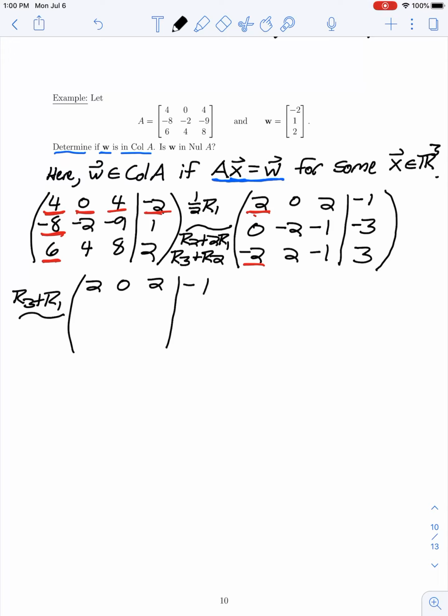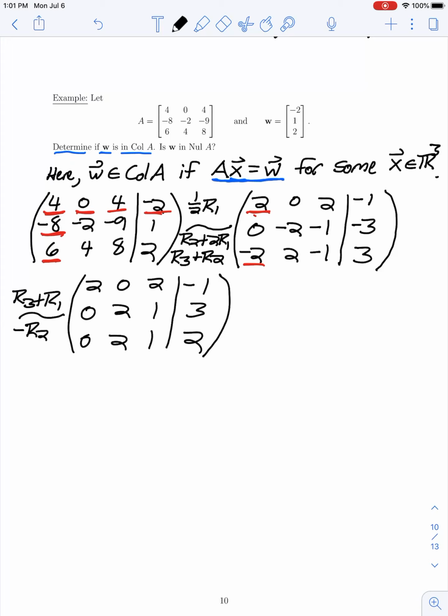And I noticed that in my second row, all of the entries were negative. So maybe just to make all our entries positive, I could take the negative of row 2, or equivalently multiply row 2 by negative 1. And I have 0, 2, 1, 3. And when I add my first row to the third row, my third row becomes 0, 2, 1, 2.